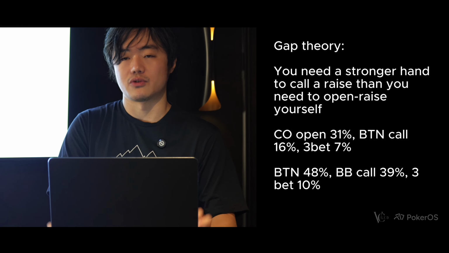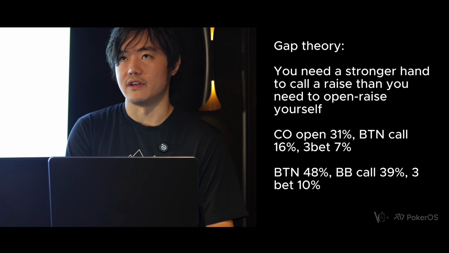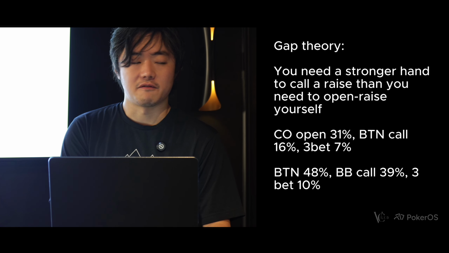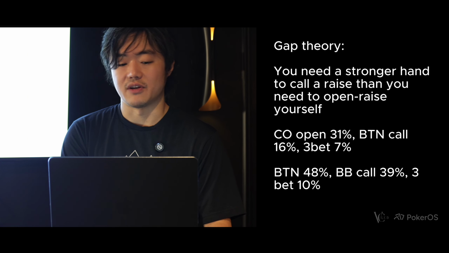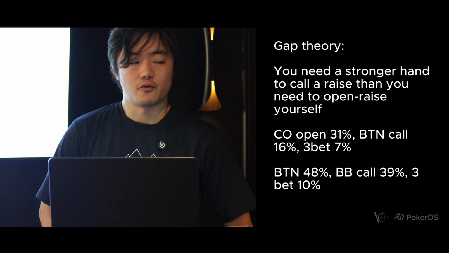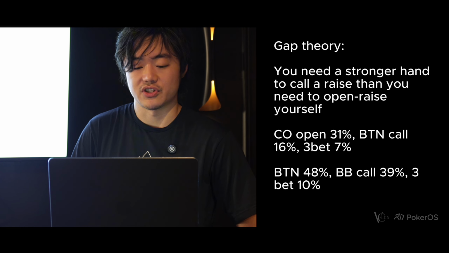So it's similar to Hold'em, but it's even more severe for the positional disadvantage, which means if the cutoff opens and gets cold called, it's in a very bad position. Another example: the button opens 48%. This is very loose, by the way. It's actually opening half of their hands, and some of them are really trashy. Even though the button plays this loose, the big blind calls only 39% and 3-bets 10%.